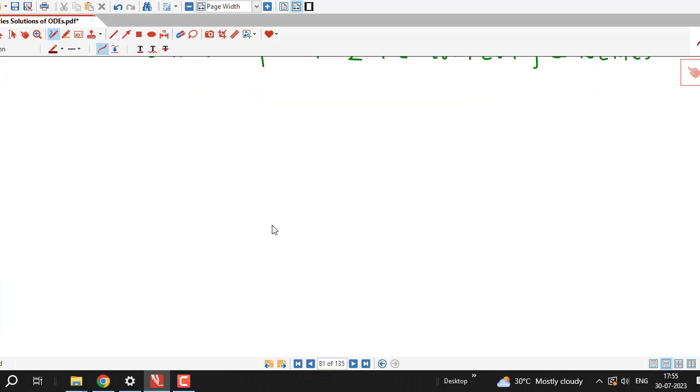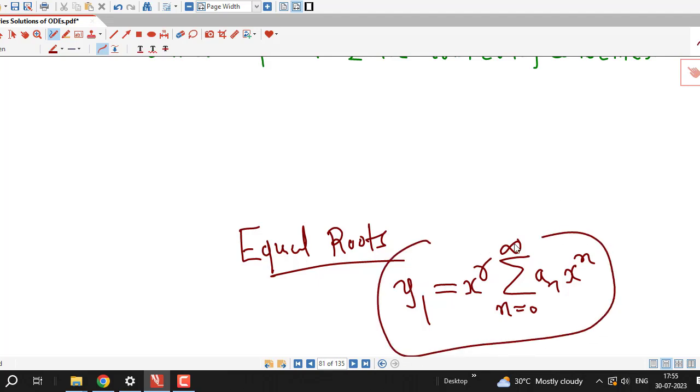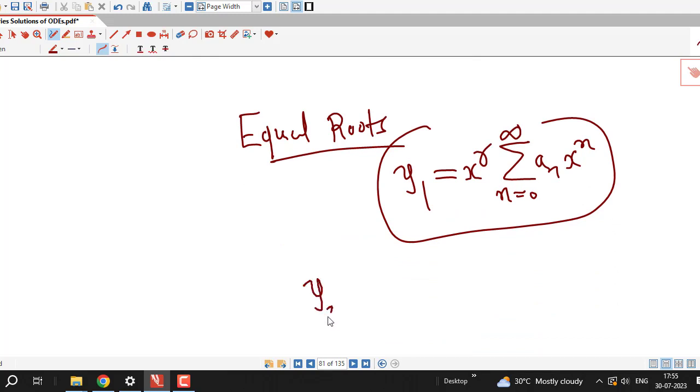So in this way, if the indicial equation has two equal roots, we can obtain the first solution using the Frobenius method, and if it is possible to write this solution in closed form, or to integrate this function easily, we can find the second linearly independent solution using the method of reduction of order.